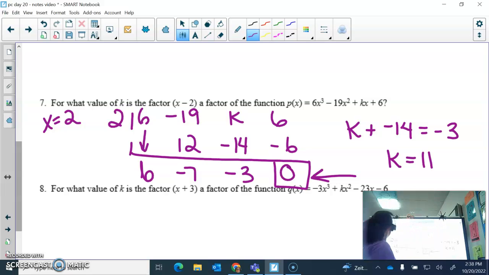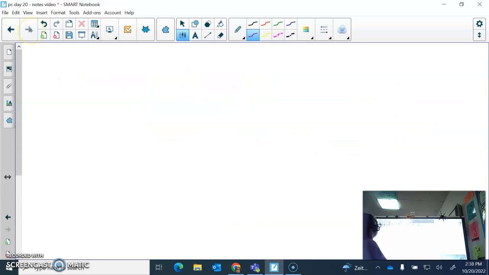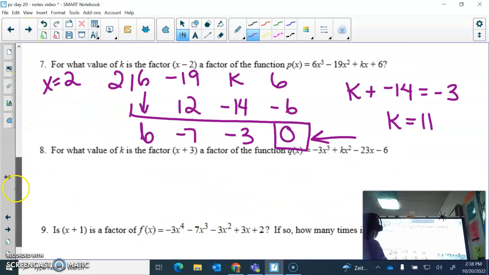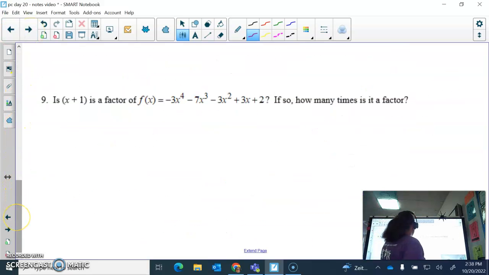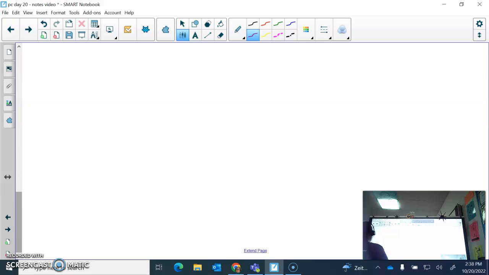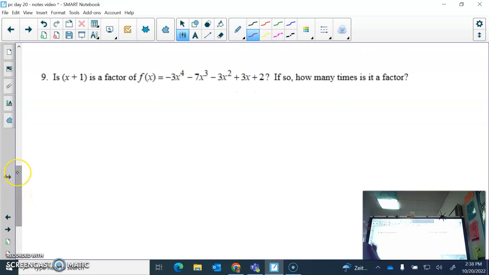All right, let's see. Any others? Let's do this last one maybe. It's kind of long. It says, how many times is x plus 1 a factor if it is a factor? All right, so these are actually kind of fun. This is the last one I'm going to do. So x plus 1, set it equal to 0.